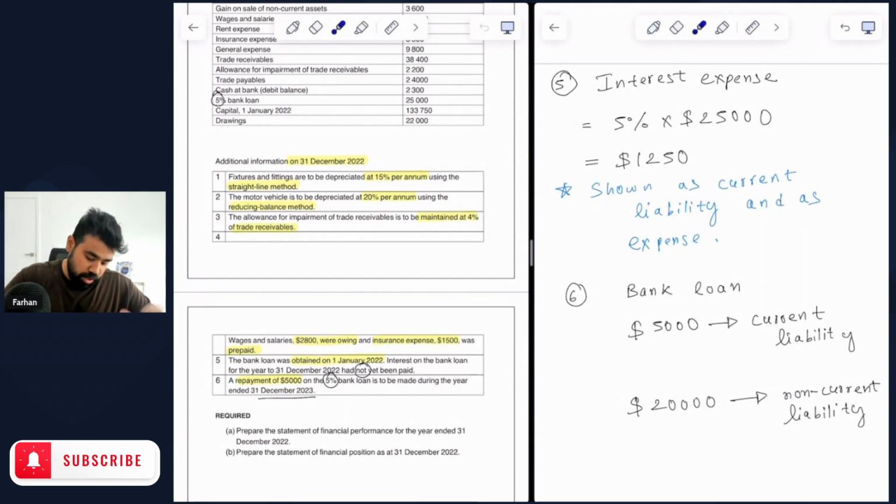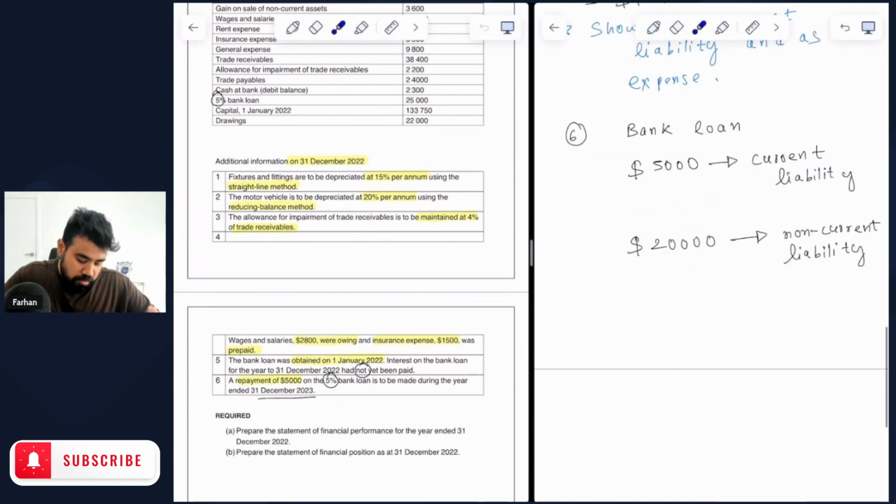Additional information number 6 says a repayment of $5,000 on the 5% bank loan is to be made during the year ended 31 December 2023. All right. So what's happening in this case is that we are paying off $5,000 from the amount that we borrowed. By we, I mean Young.